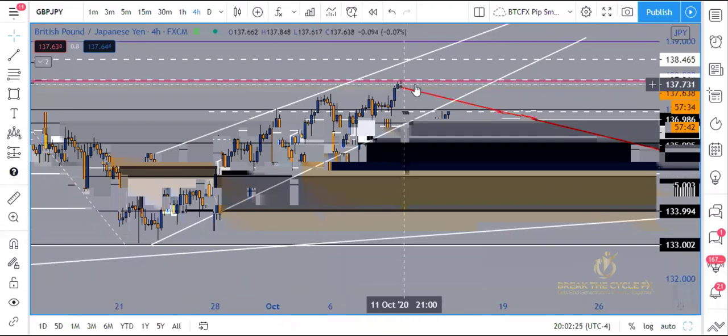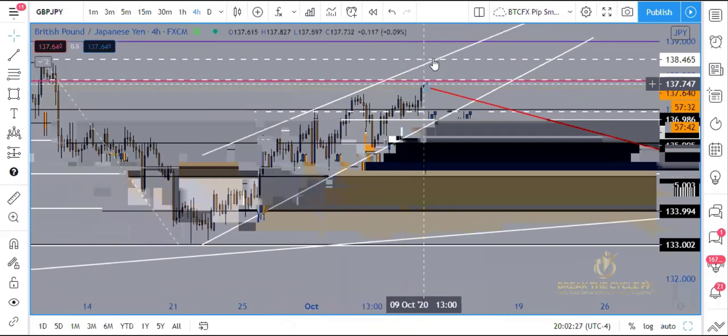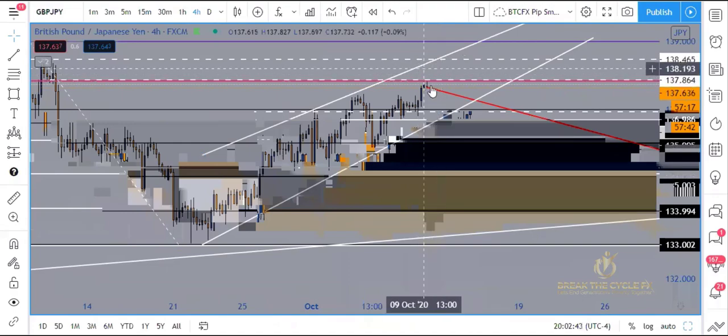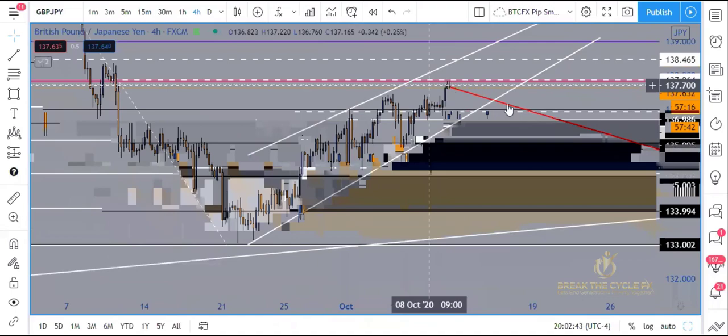So we still have to see, like I said earlier, if we're going to reject off of this 50 or if we're going to buy up to the next level here, okay? The top of our trend line, which lines up with about 138.50, which is one of our bank rates, right? 138.44, 138.50, it's all up in that area. So we could definitely see price break past this level.